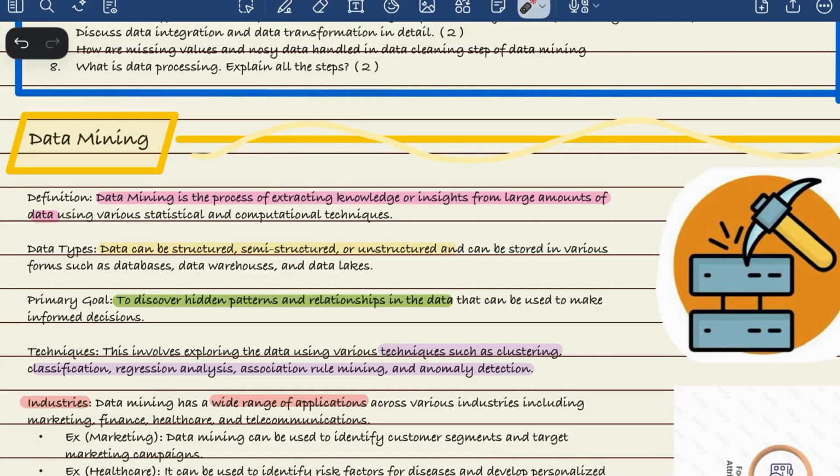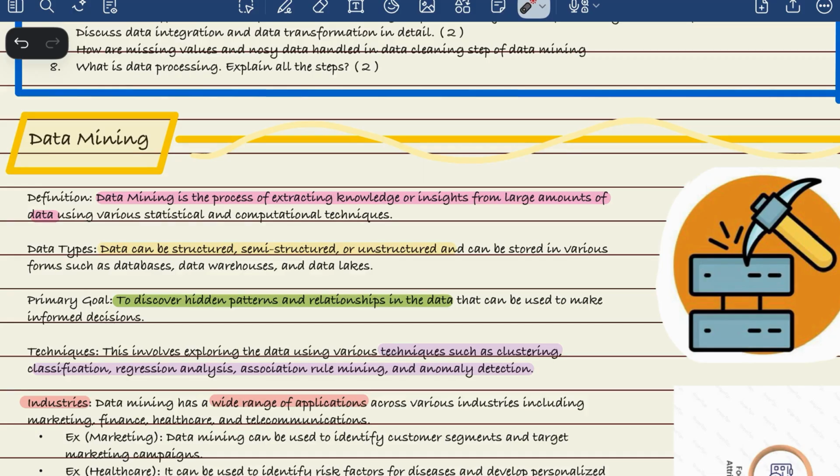Let's start with the absolute basics. What is data mining? Imagine you are sitting on top of a mountain of millions of raw transactions, of customer logs and text files. To a normal human, it looks like a mountain of digital trash. But to a data miner, that mountain contains hidden gold.